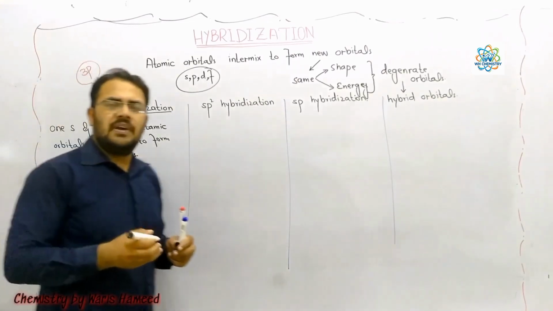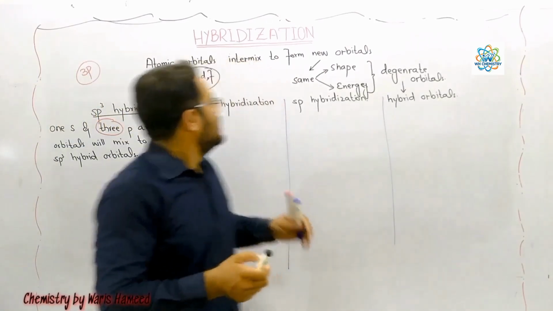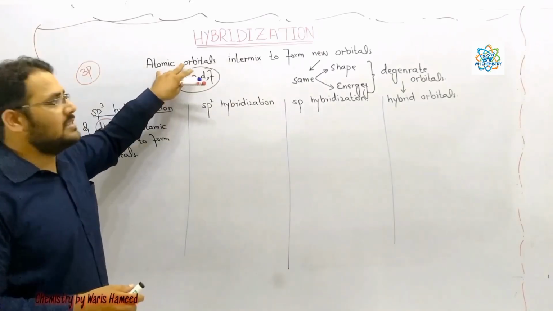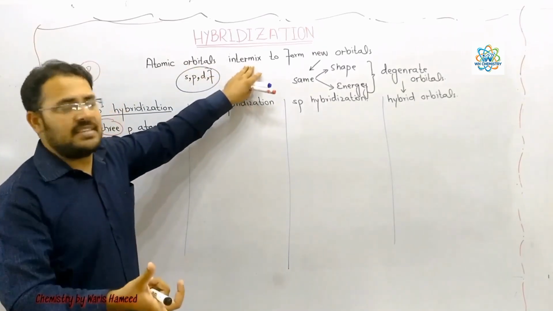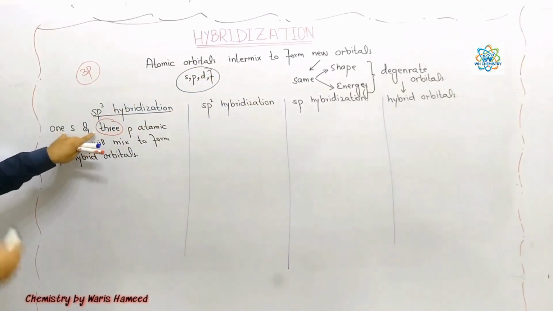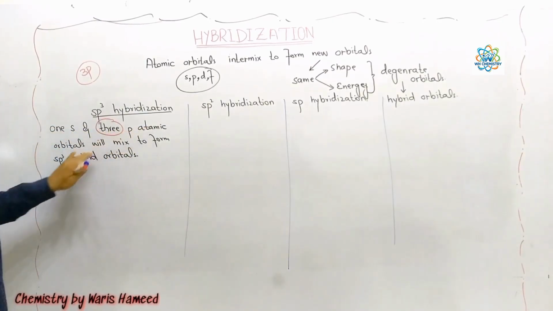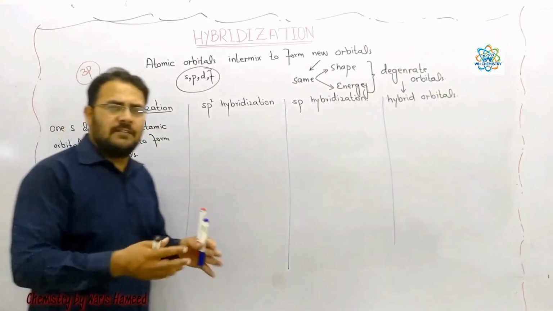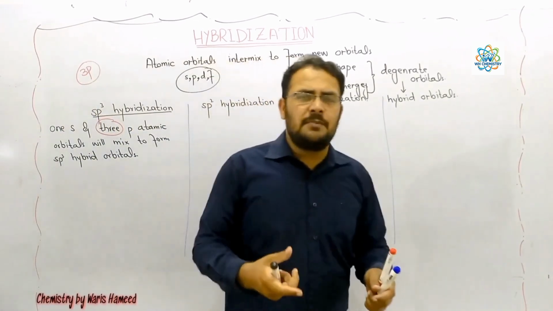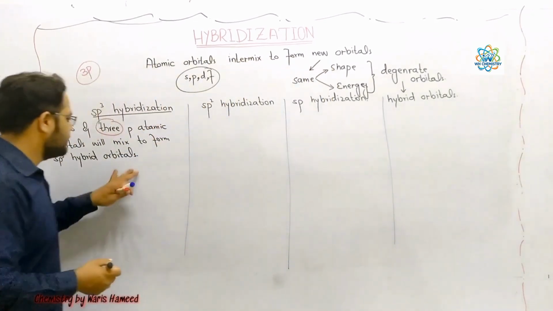You may compare this with the actual definition: in this case atomic orbitals are going for intermixing, and we also see that 1s and 3p atomic orbitals are intermixing with each other and forming sp3 hybrid orbitals.